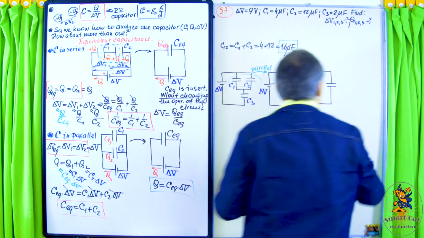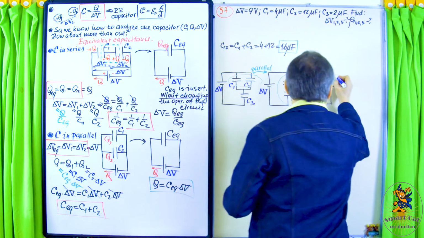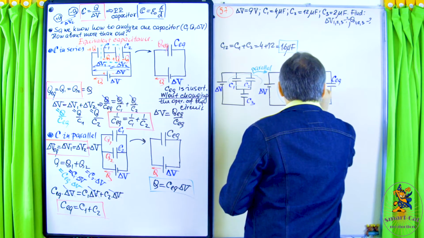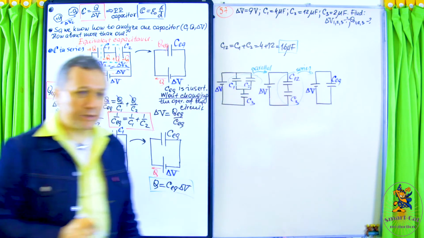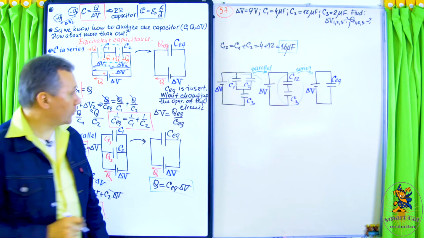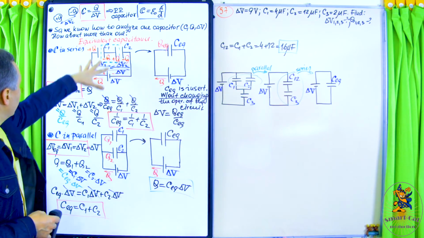In this case it will be the final C equivalent. Again, the rest of the circuit, the battery, must work in exactly the same way, so still delta V.